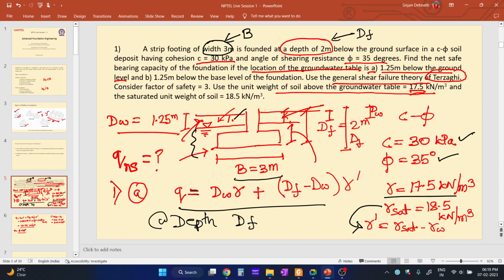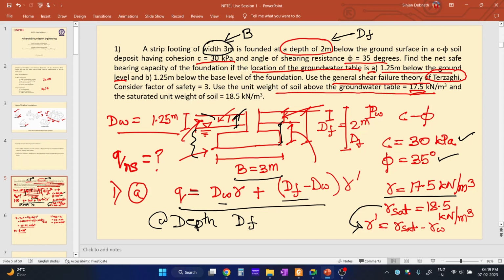This height is Dw, the depth of the groundwater table below the ground surface, with unit weight gamma, plus this portion from the top of the water table to the base of the foundation, which is Df minus Dw, the depth of the foundation minus the depth of the water table from the top.